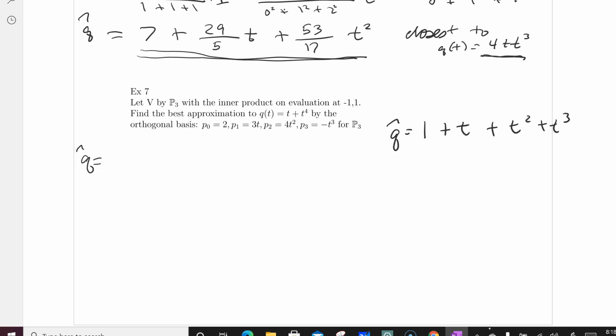So this will be q with p naught, right? Q with p naught all over p naught with p naught, times the p naught, which is 2, plus.